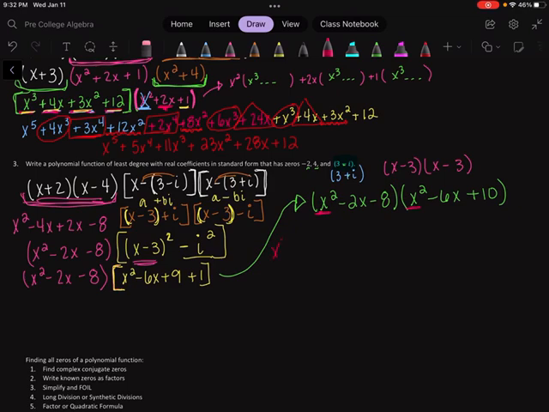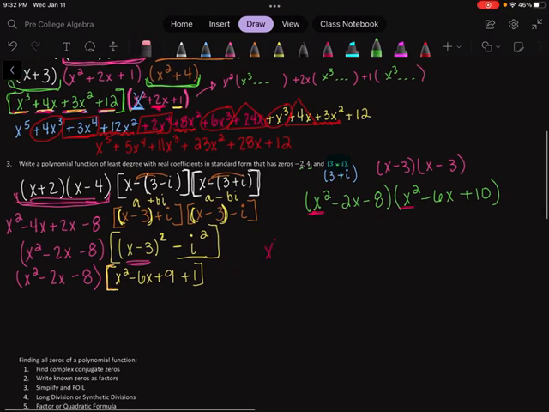So that's x to the 4th, and I'm probably going to need some more space. x squared times negative 6x is negative 6x to the 3rd.